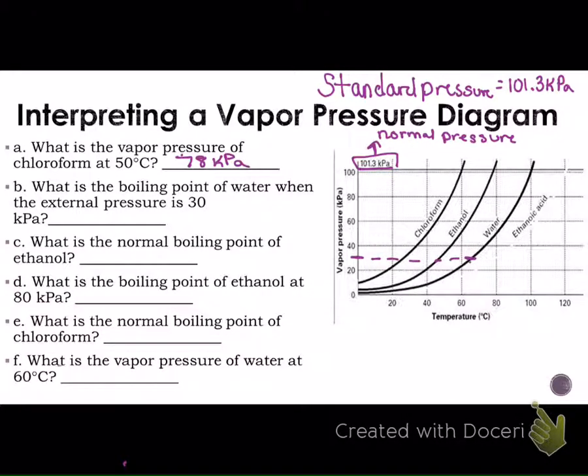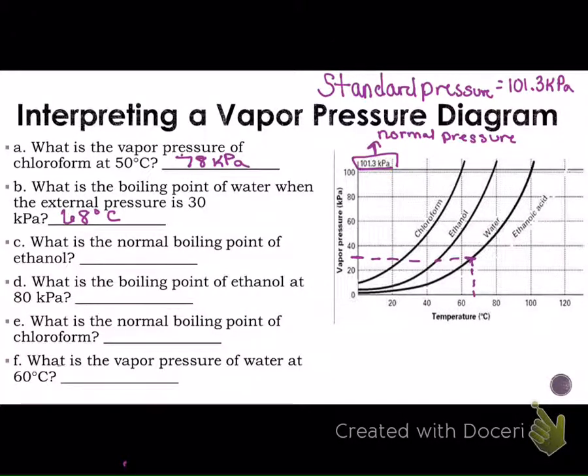I need to know the temperature, so I'm going to drop my line down to the x-axis, because temperature is on the x. I can see it's maybe not quite 70, so I'm going to approximate somewhere around 68 degrees Celsius. So again, if you're in the ballpark of having a number similar to mine, you are doing just fine.